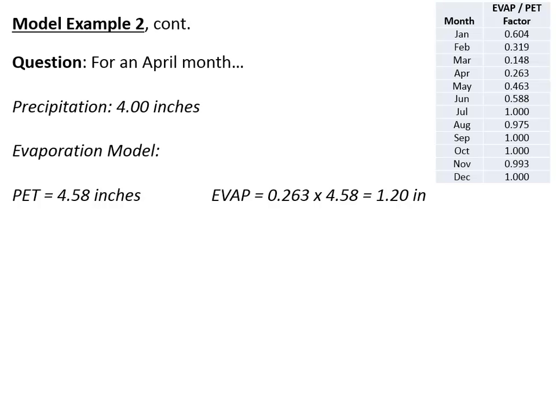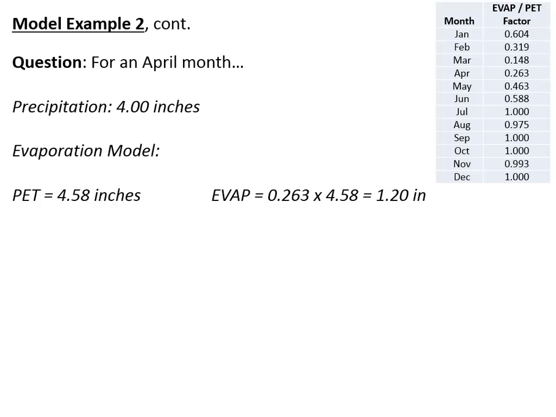So the type of question that can be answered once you have a model of evaporation up and running is, for a typical April month, where you have this profile of all the characteristics that allow you to predict evaporation, if there was precipitation of 4 inches, how much runoff would there be?